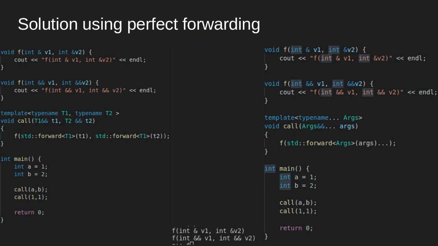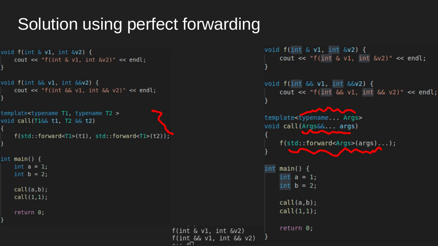Suppose we have 3, 4, 5 parameters, so we can replace this function with this simple one here, with typename Args. So we just forward the args to the function f, no matter what the number of parameters.